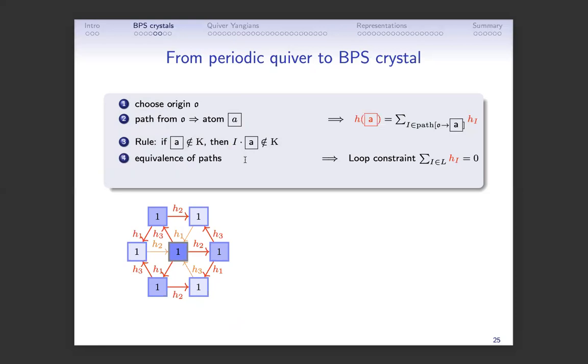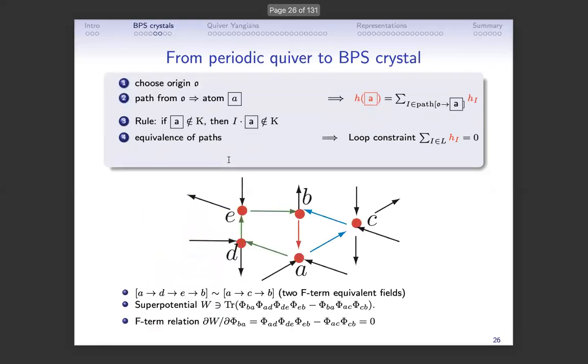Because to reach each atom you can have different paths, for the atom's coordinate to be well defined, you need to declare some equivalence of paths. So for this coordinate function to make sense, you need the loop constraint: along each loop, the sum over the equivariant weights has to be 0. You can see that this loop constraint corresponds exactly to the F-term constraint.